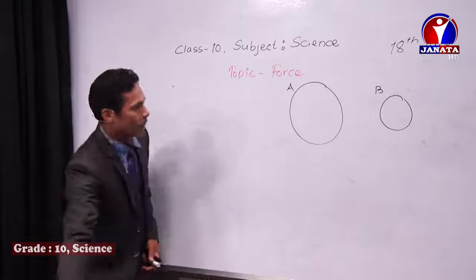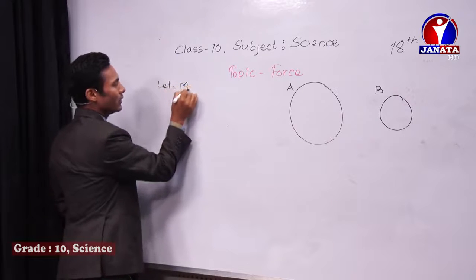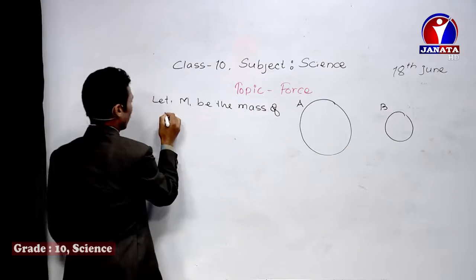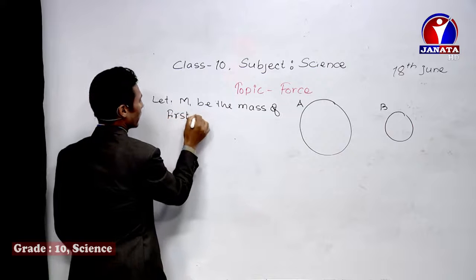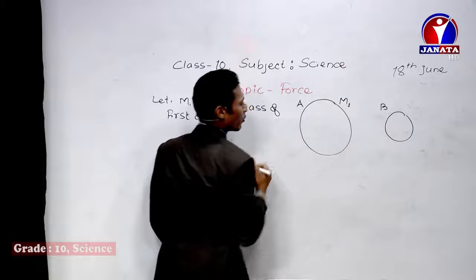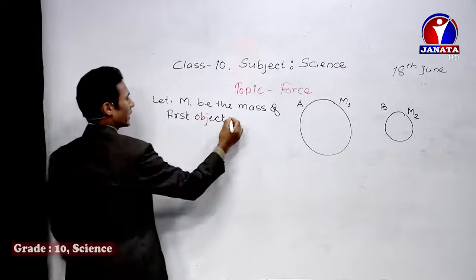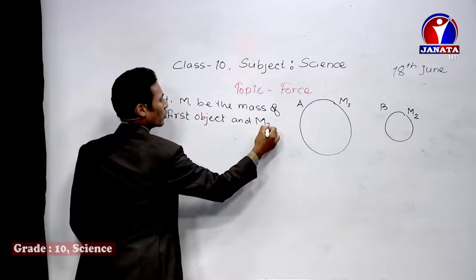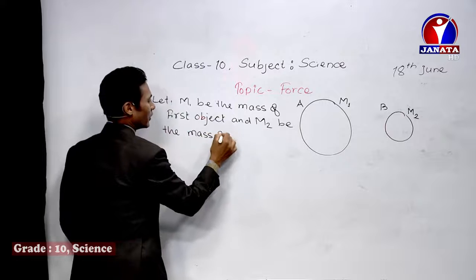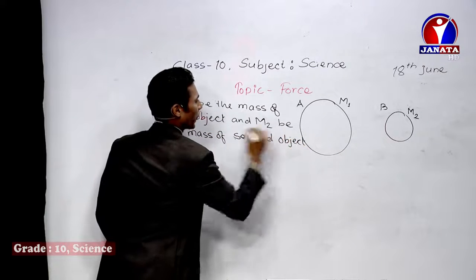Okay, so let m1 be the mass of the first object, and m2 be the mass of the second object, right?